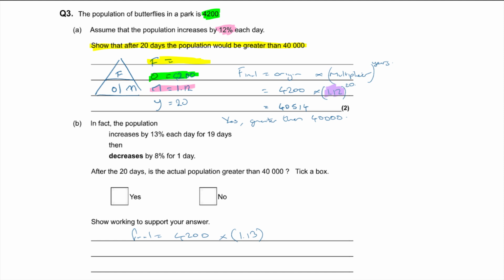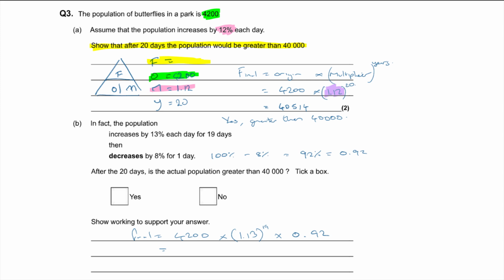Rather than 20, we're going to decrease it to 19, but then we're going to add that extra multiplier on the end, which is a decrease of 8%. So if you've got 100% and you subtract 8%, that leaves you with 92%, which is a multiplier of 0.92. So I'm going to multiply it at the end by another 0.92 to see what difference that makes.